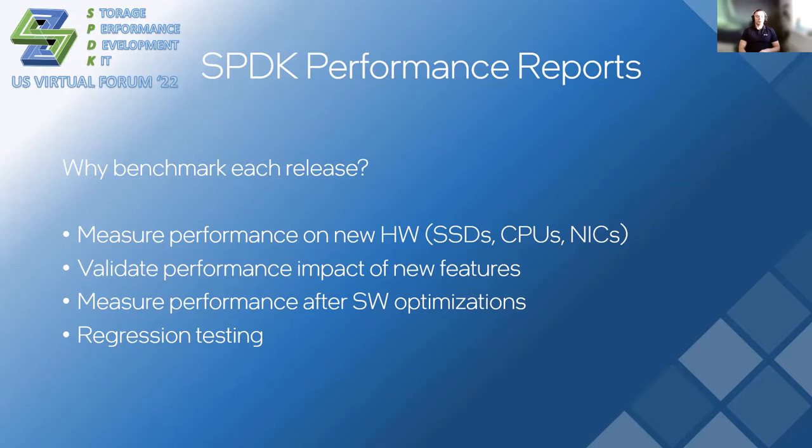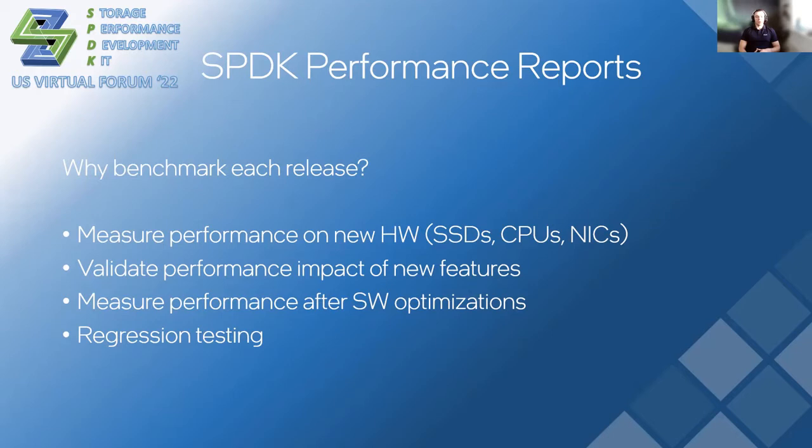Per release benchmark tests also serve as a regression test in a way. In almost every release, our team either introduces completely new features, which sometimes should or should not have effect on the performance of existing code, or the team makes extensive software optimizations to already existing critical paths in the code.